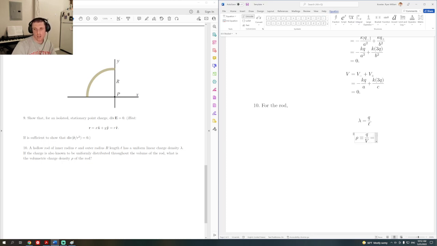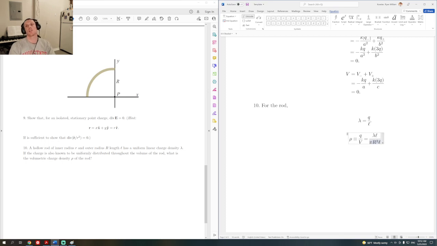The charge in this case, we can see from our equation for lambda, is just going to be lambda L. We just multiply both sides of that equation by L, and we get Q. And then we just have to write out an expression for the volume of the rod, which is going to be the area of the base times its length. So it's going to be pi r squared times the length.